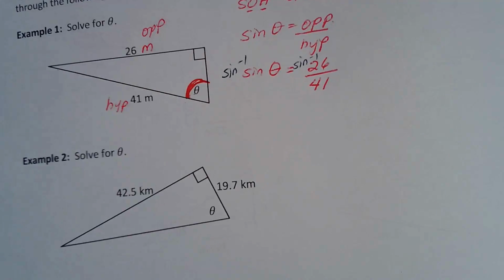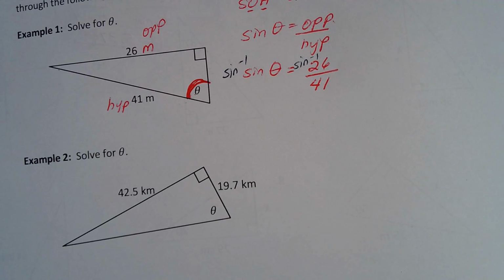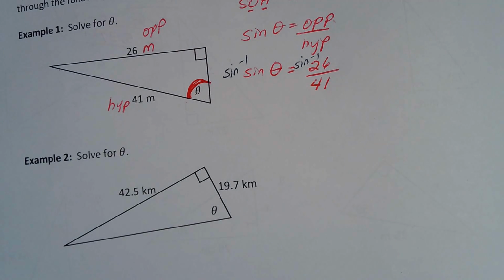Okay. So no, I'm not multiplying. Sine and sine inverse cancel that function, right? Okay, I'll show you this. We said that when you have a plus, the opposite of that would be minus.